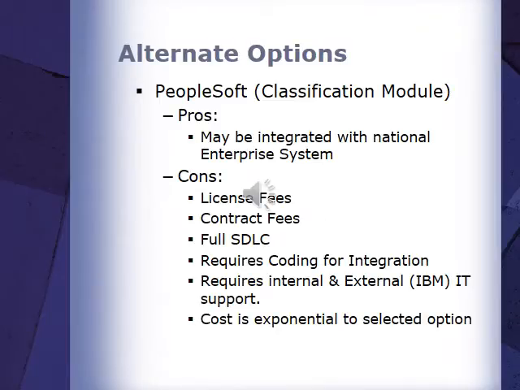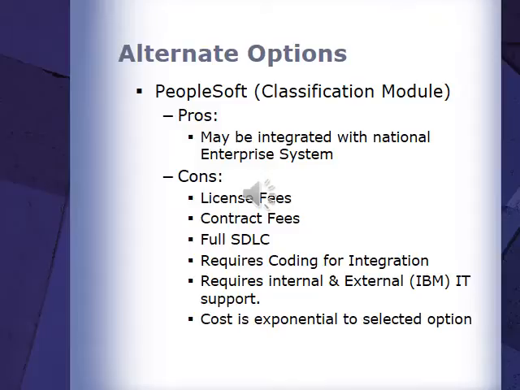As we considered applications that we may use outside of Leaf, we looked at PeopleSoft. We are currently using PeopleSoft as our enterprise software. So this would be an easy implementation other than the additional coding.